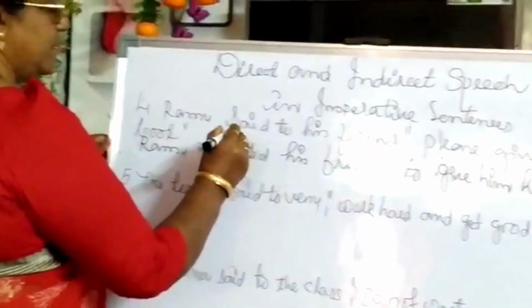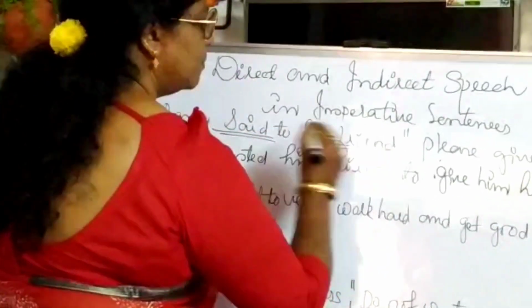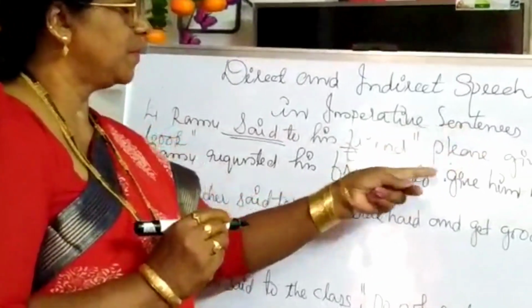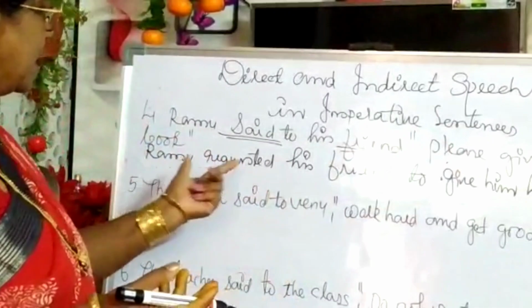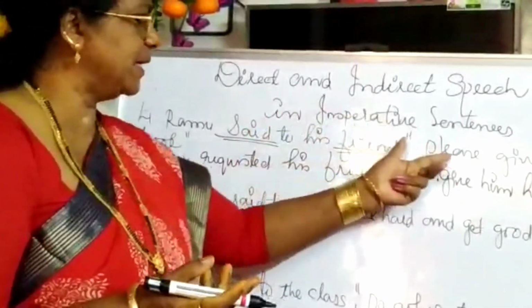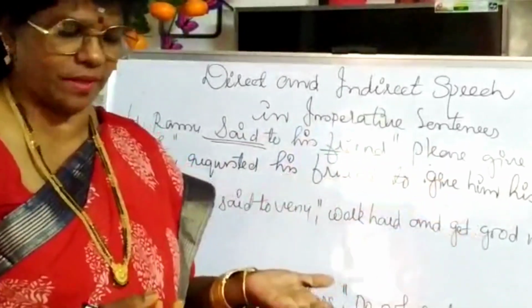Here said is the reporting verb, friend is the object, and please is a requesting way of asking. So Ramu requested his friend, and in between these two parts we join with to infinitive: to give him his book.